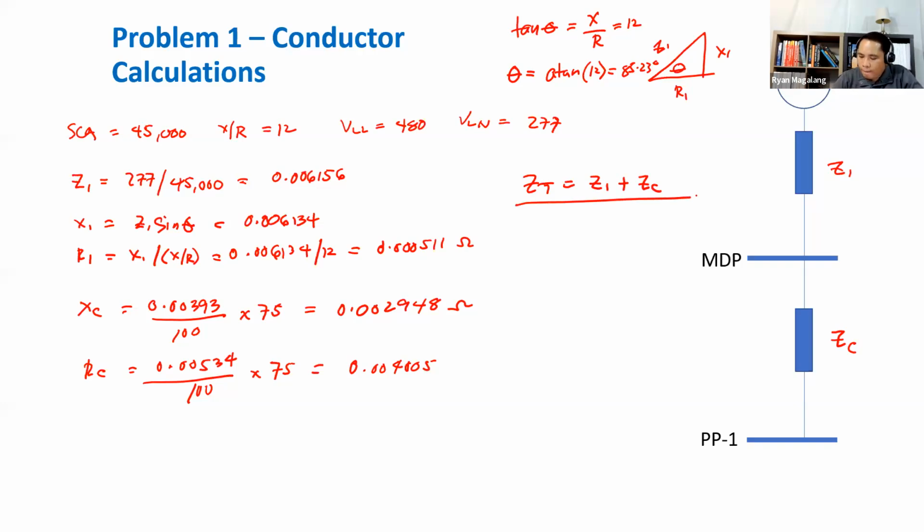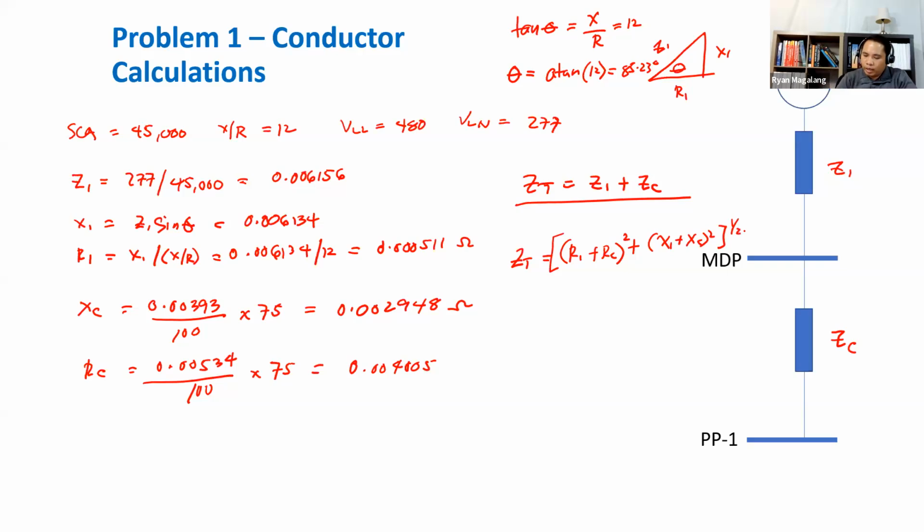So again, using the vector addition, this is essentially what we did earlier, R1 plus RC squared plus X1 plus XC squared raised to 1/2.